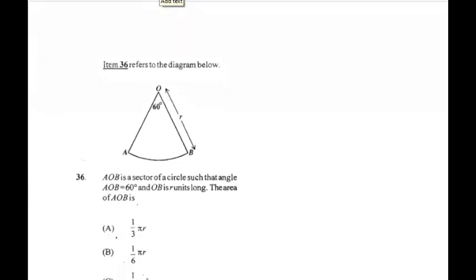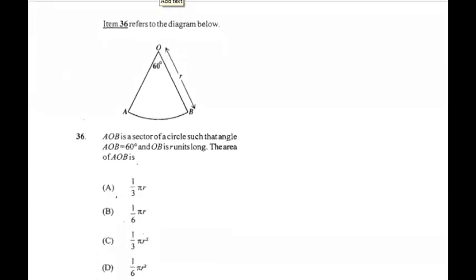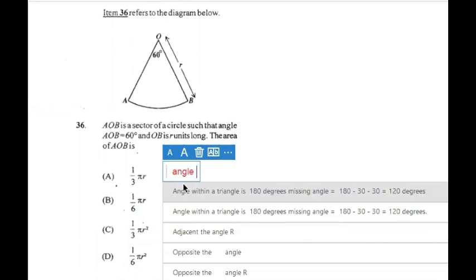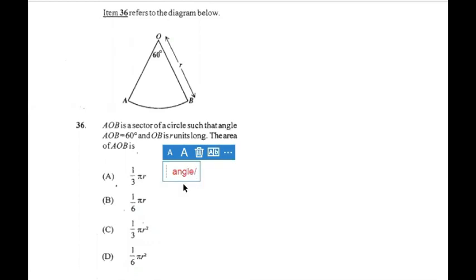So 36. AOB is a sector of a circle such that angle AOB is 60 degrees and OB is r units long. The area of AOB is, so the formula for a sector of a circle is angle divided by 360 multiplied by pi multiplied by r squared.